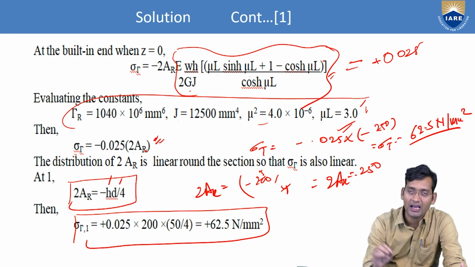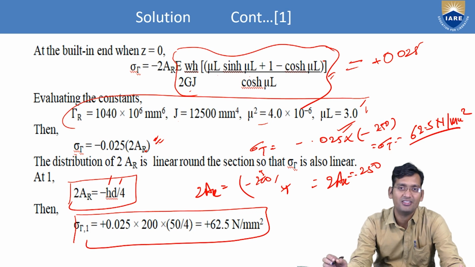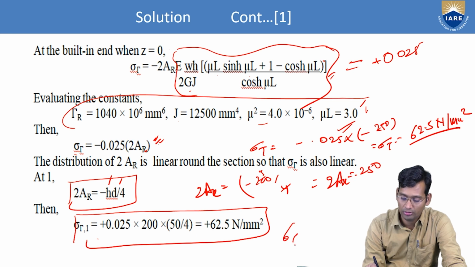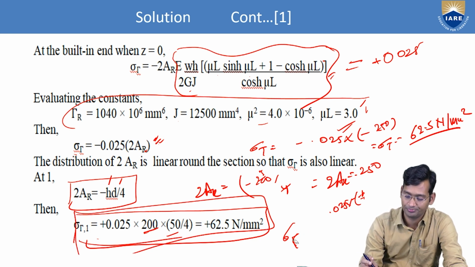We have to find the AR value. From the figure, AR will be equals to what? 2AR equals to minus HD by 4. Now just put here that HD by 4. So now this formula becomes sigma tau equals to minus 0.025 into minus HD by 4. Now H is given 200, D is given 50. Just substitute. You will get sigma tau 1.